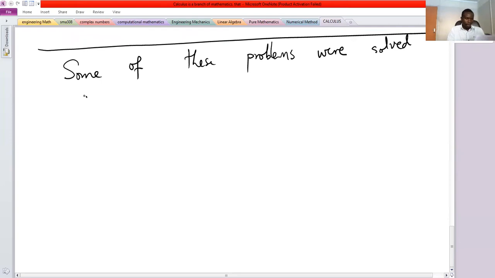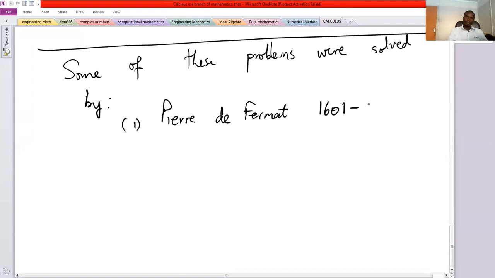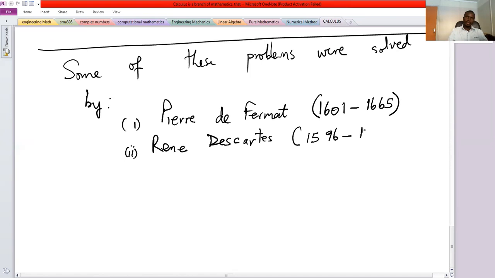So we have a person by the name Pierre Fermat. This mathematician lived from 1601 to 1665. And then we have René Descartes, who lived from 1596 to 1650.